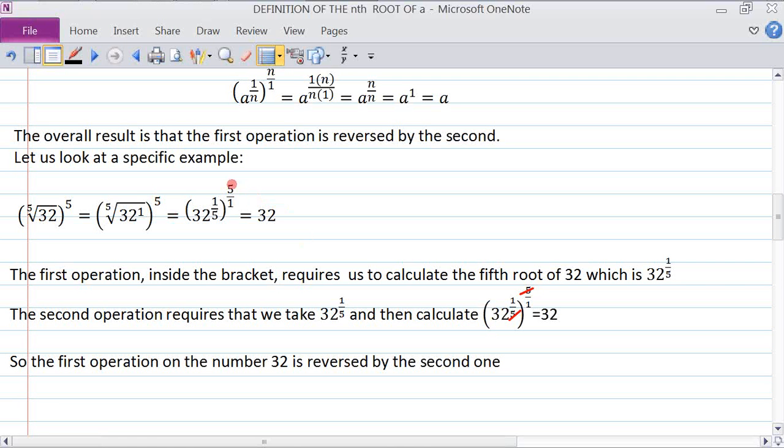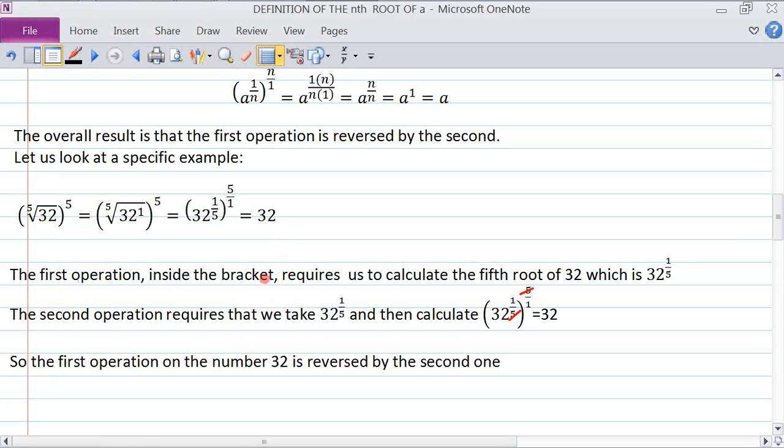This is this number here, which is 5 over 1. So you can see what happens here is you've got 1 times 5 over 5 times 1. So you've got 32 to the 5 over 5, which is 32 to the 1, which is right here. So you can see the first operation has canceled the second one.